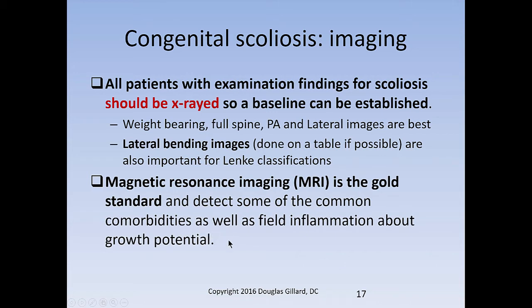I go on a little rant at the end of this about how our Palmer, the big school's official policy is you can use a grade 5 manipulation on these without ordering an MRI, and I don't agree with that. I would rather see what's going on down there, because a third of these patients could have a defect in their spinal cord, and you don't want to do a grade 5 over a syrinx or something like that. Anyway, we'll get to that.